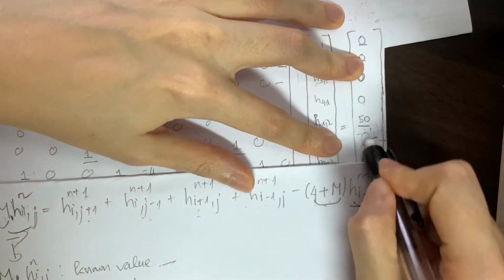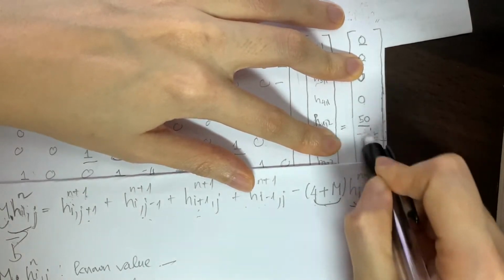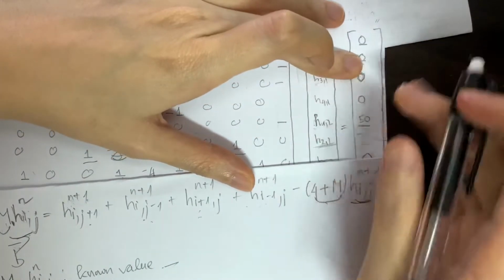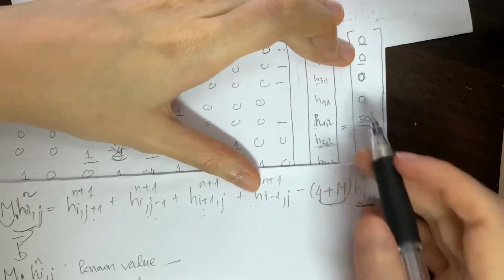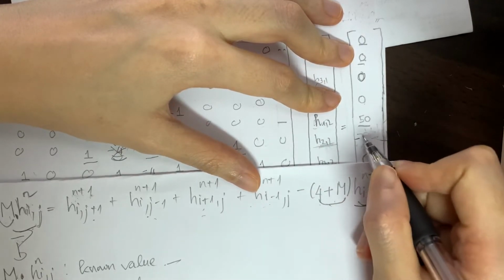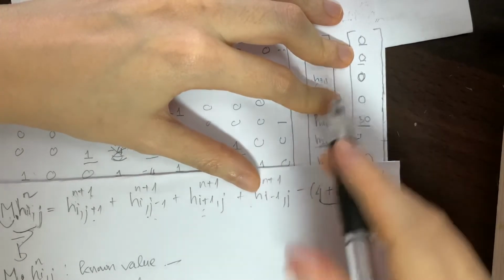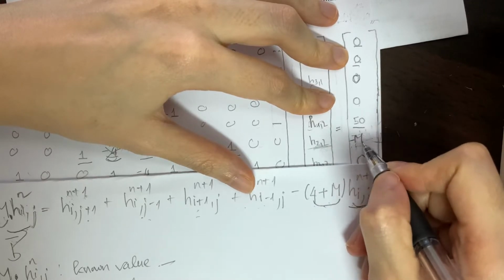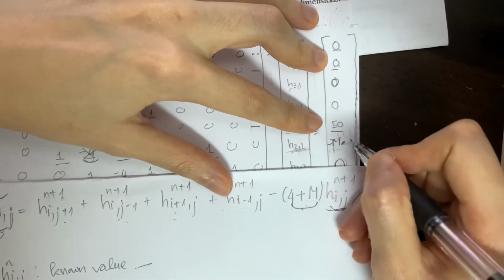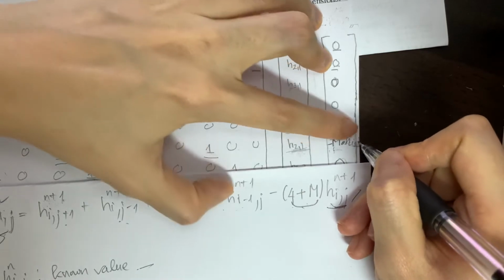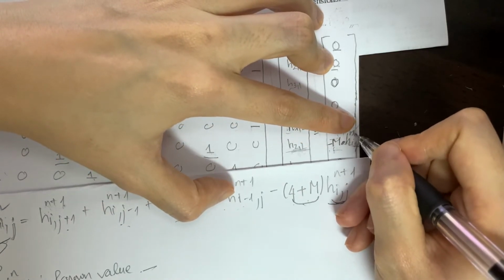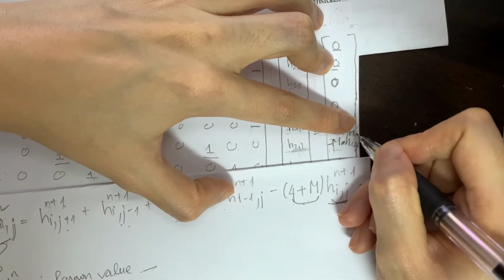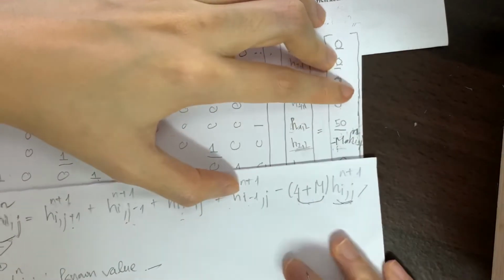Just remove the zero. So in your B column here, you have minus m multiplied with s i j at n, at n value.